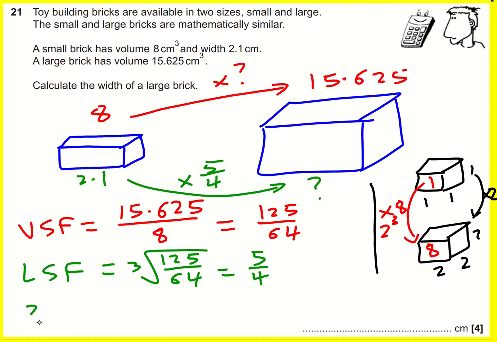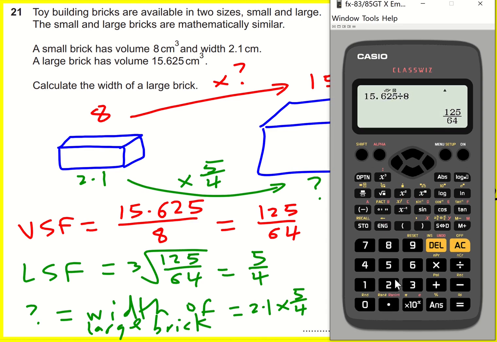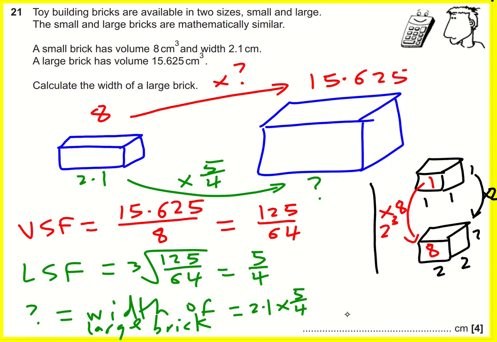And the width, the question mark, equals the width of the large brick, which is going to equal 2.1 times 5 over 4, which is 2.625. I think it's absolutely fine to leave it exact in this case.